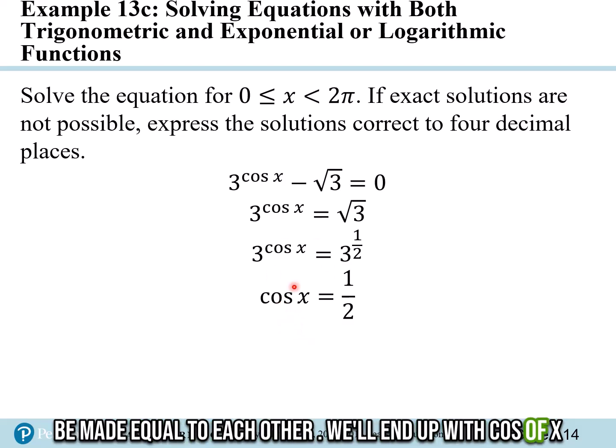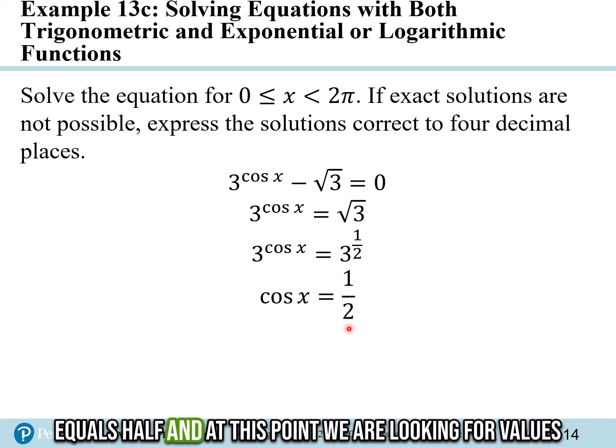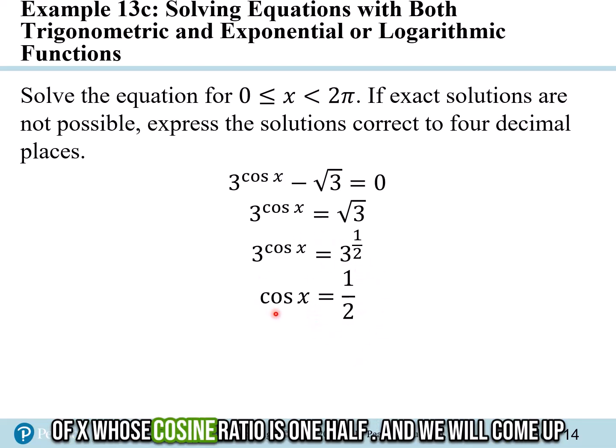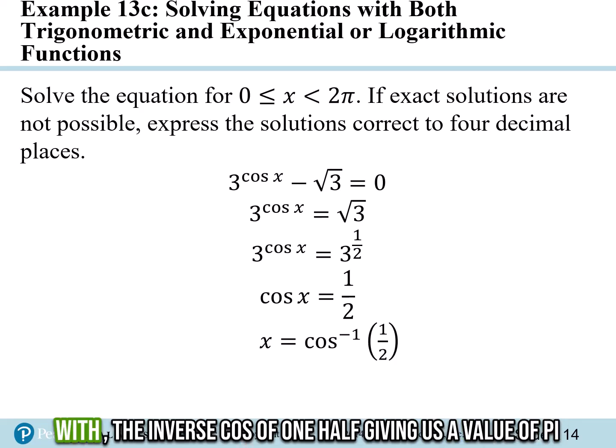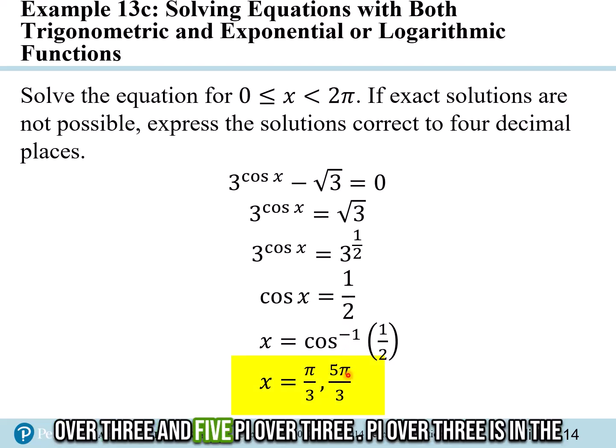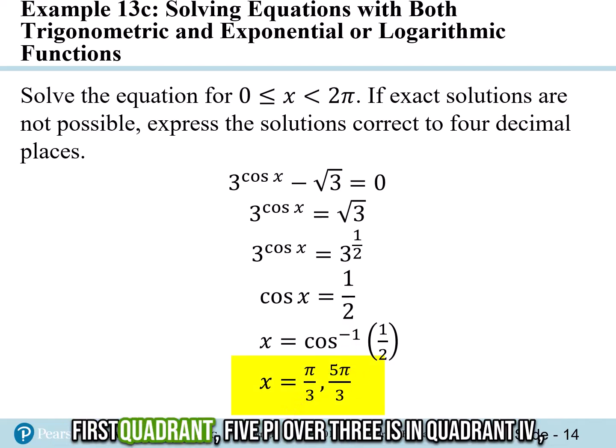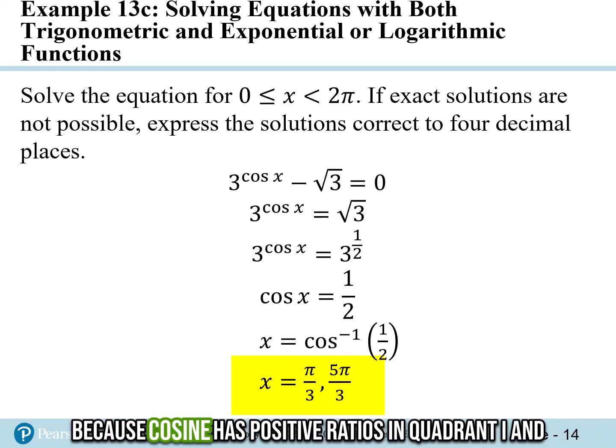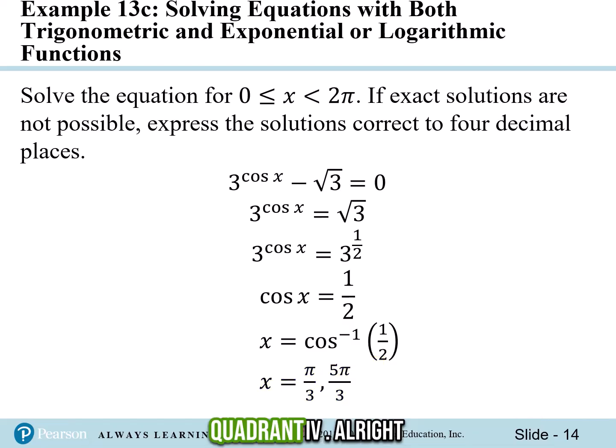We'll end up with cos of x equals 1/2, and at this point we are looking for values of x whose cosine ratio is 1/2, and we will come up with the inverse cos of 1/2, giving us a value of pi over 3 and 5 pi over 3. Pi over 3 is in the first quadrant, 5 pi over 3 is in quadrant 4, because cosine has positive ratios in quadrant 1 and quadrant 4, right?